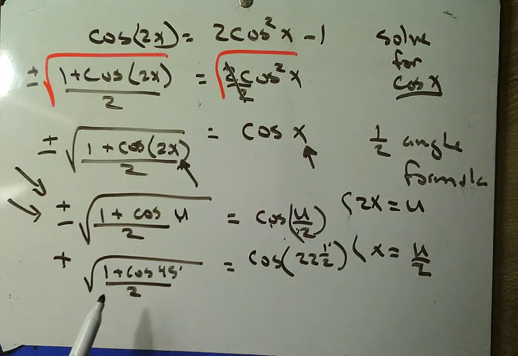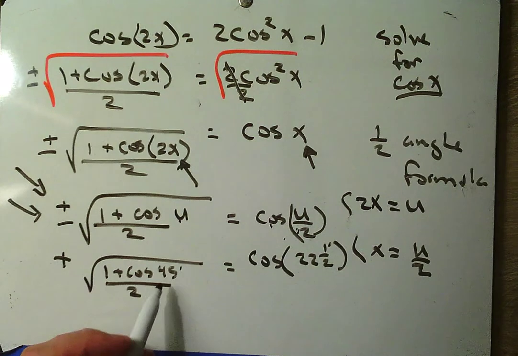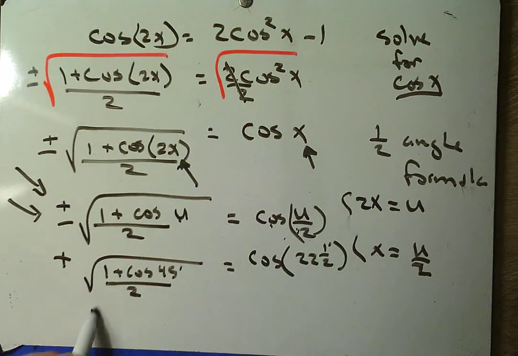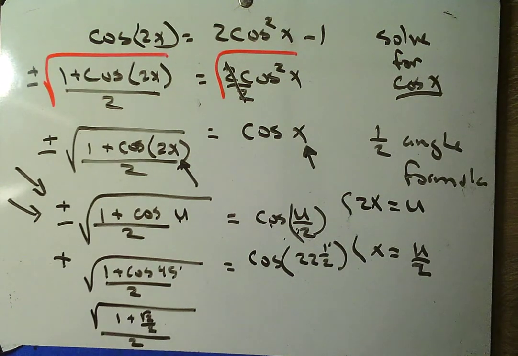Okay, why don't we finish this off while we're here? Cosine of 45 degrees is root 2 over 2, and all of this is over 2. Well, up here in the numerator, I'm going to make a common denominator.